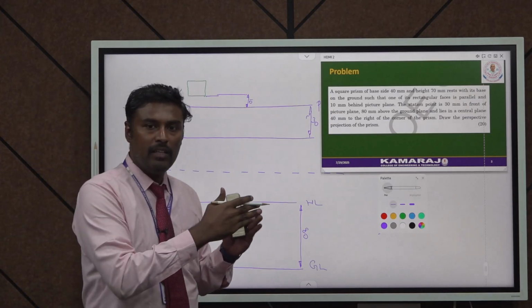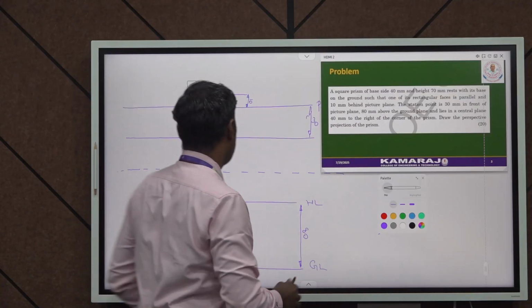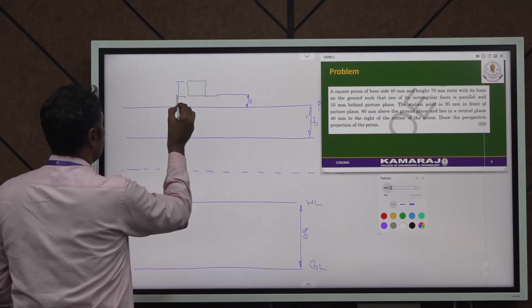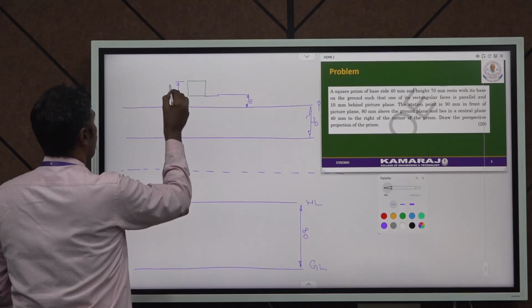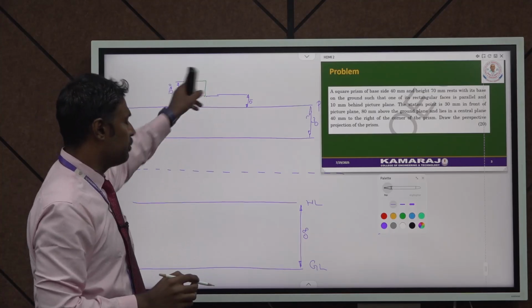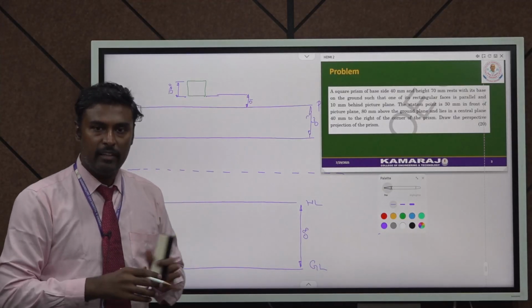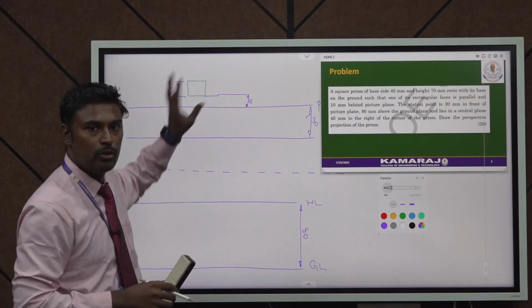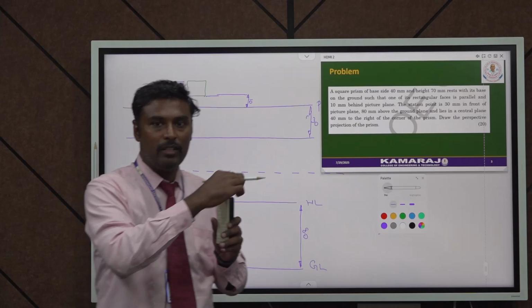So one of the edges of the square prism is 10 mm behind the picture plane, and the base side is 40 mm. Therefore the others are represented, it is square 40. All the 4 sides must be drawn equal using proper mini drafters or measuring equipment. All the 4 sides should be equal, and each one should be perpendicular to the others, and this is the way to draw the top view of the square prism.